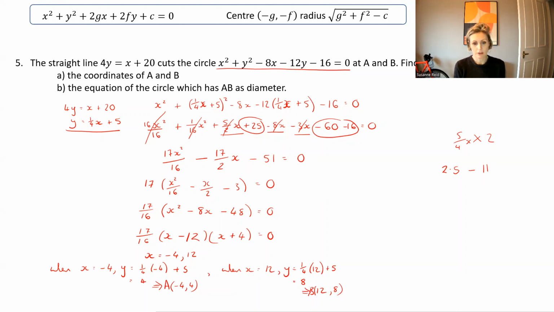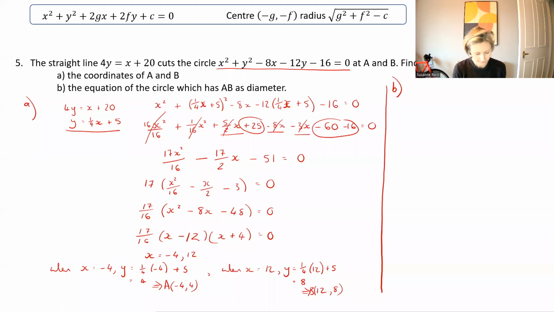So now I've found my two coordinates, I need to do part B. For part B, we're asked to find the equation of the circle with AB as its diameter. So what do we need for a circle? We need the centre and we need the radius.